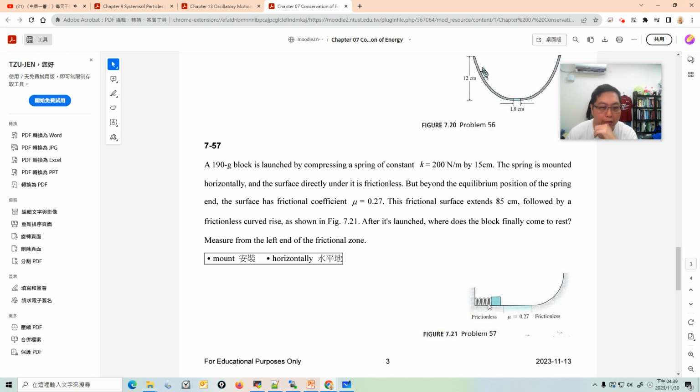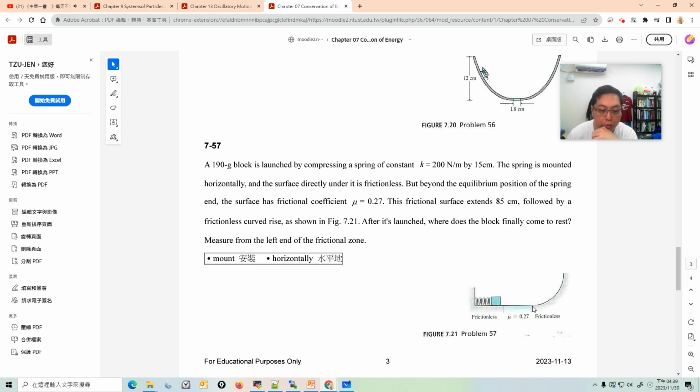Here is a frictionless surface, and it will pass through a rough surface with a friction coefficient mu equal to 0.27. After release, the object passes through this rough surface and goes to a curve, and this curve is frictionless.